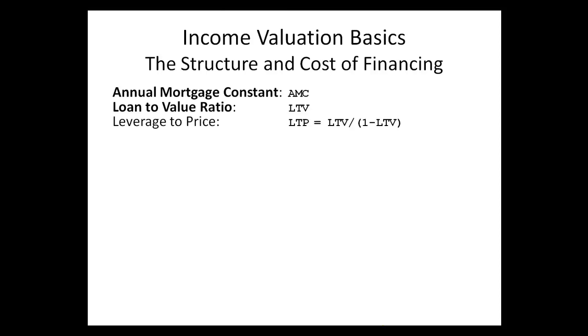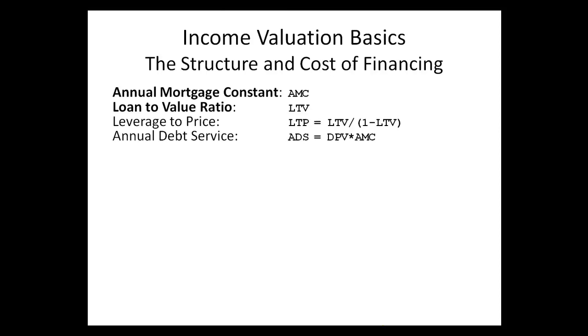Loan-to-value divided by the quantity 1 minus loan-to-value. This is the leverage that you're getting on this financing structure. If it's 80% levered, then you have 80% divided by 20%, which is 4. Leverage to price is 4. That means for every dollar invested in the property, the lender is providing $4.